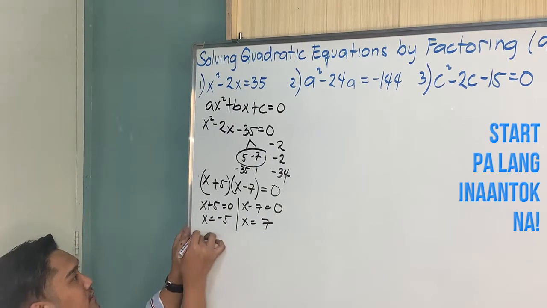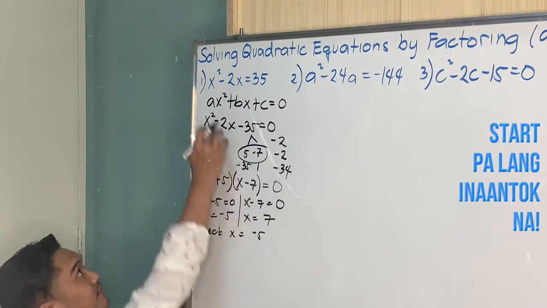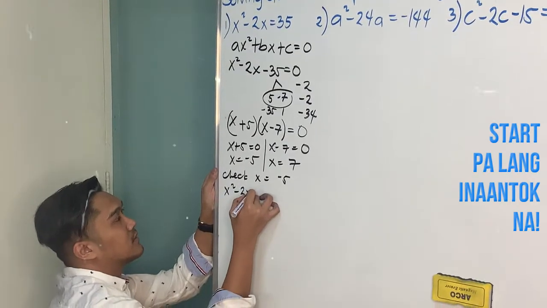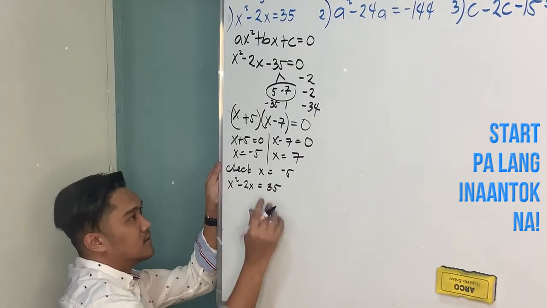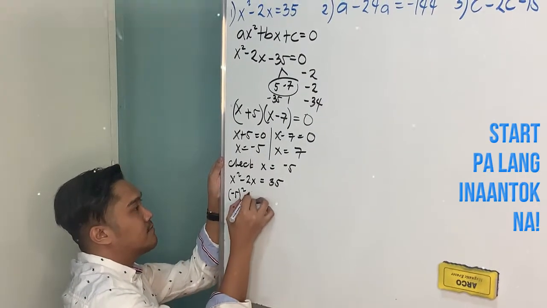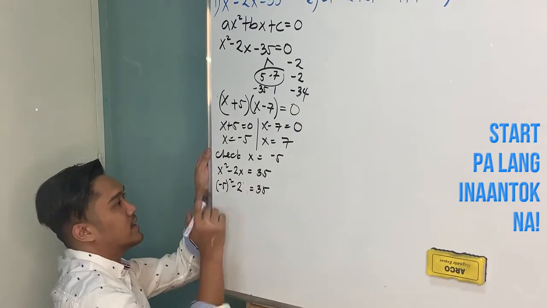So, check for x equals negative 5. Substitute natin yung negative 5. Negative 5 squared minus 2x is equal to 35. Yung x ay negative 5.